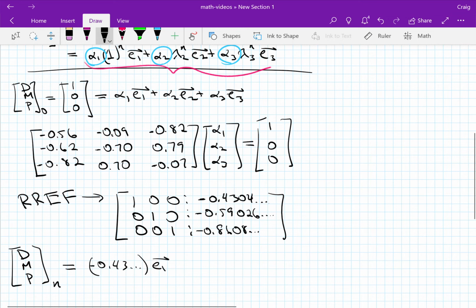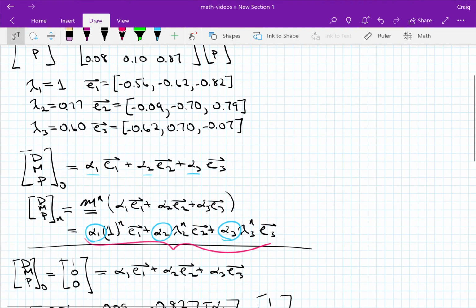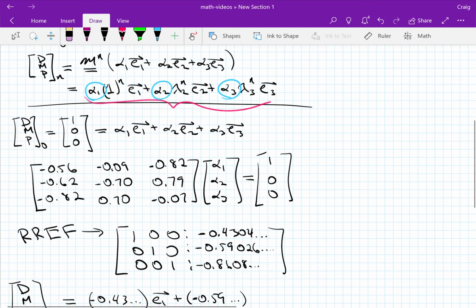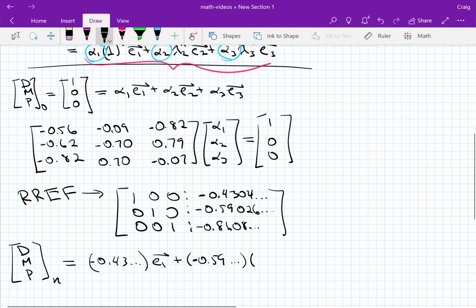E1, and alpha 2 is negative 0.59, and then I have lambda 2, the second eigenvalue, which is 0.77, and I have to raise that to the nth power, times E2.